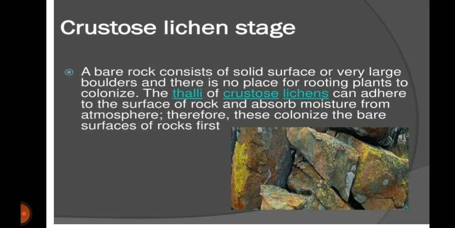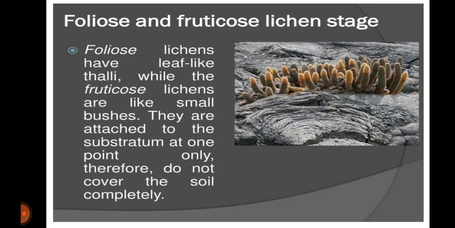In this stage, another type of lichens occupies the place, called foliose lichens. So the second stage is the foliose lichen stage. Sometimes fruticose lichens also grow in this stage, so it is also called the foliose and fruticose lichen stage.